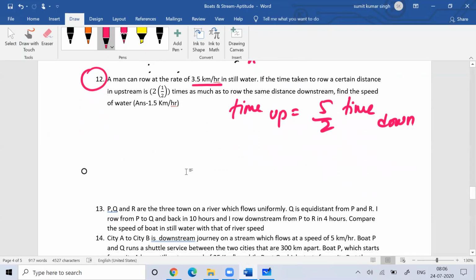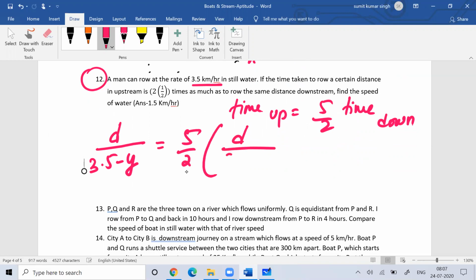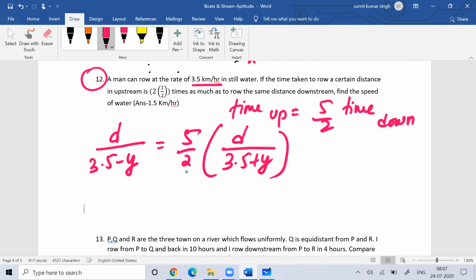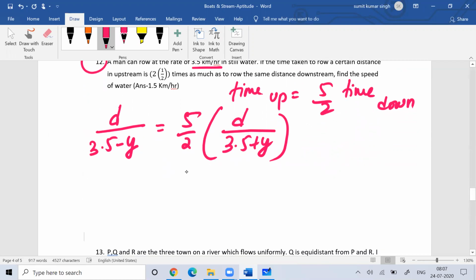You know the time formula, that is distance by speed. So d by 3.5 minus y is equal to 5/2 of d by 3.5 plus y. To solve this linear equation, cross multiply, d will anyway get cancelled.